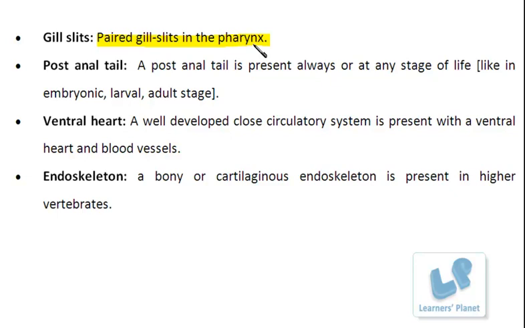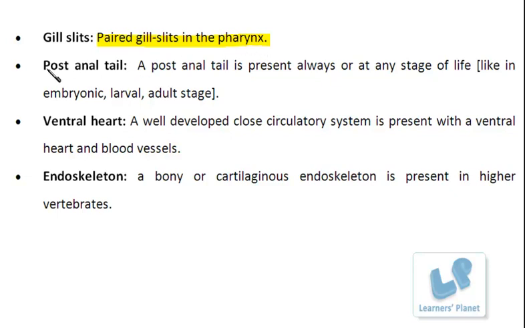But as the differences appear later on, they have to be placed in a separate group. So just remember forever that gill slits are a peculiar feature of the higher animals, and they may be present all through life, or in some stage of the life cycle of an organism.